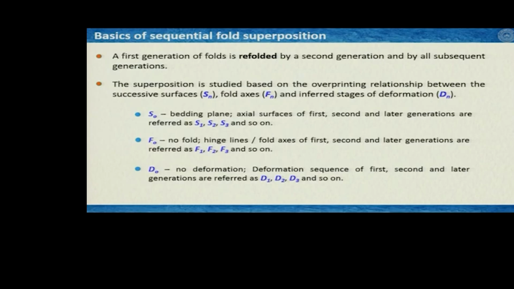Now, first generation of folds generally is refolded by second generation and by all subsequent generations. So we have a first generation fold, then it can get refolded by second generation, it can get refolded by third generation, and so on.